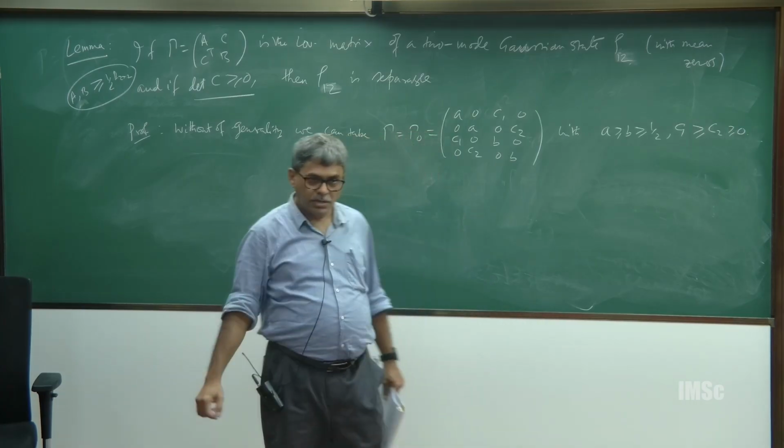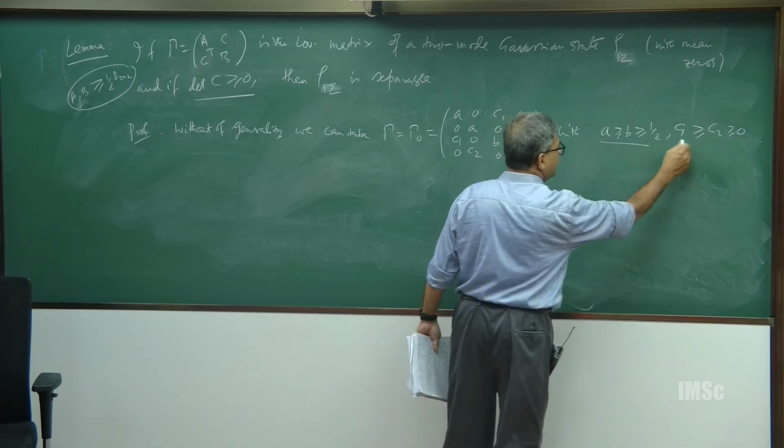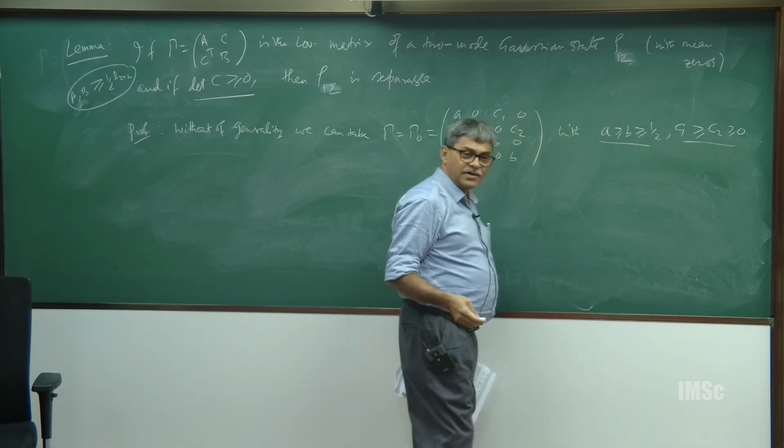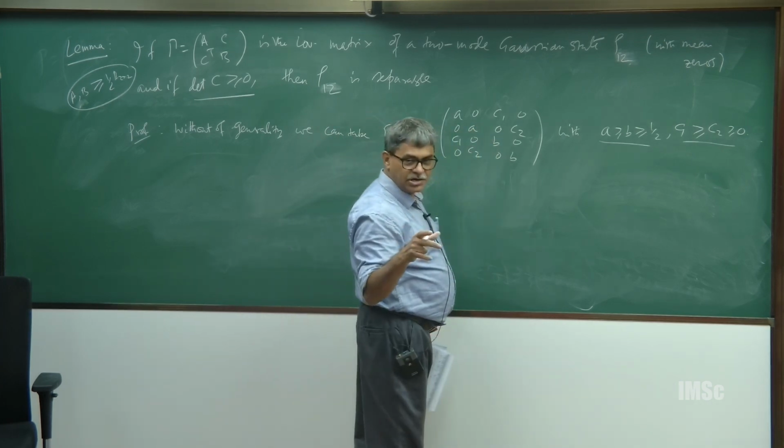In fact, this is of course true, and even if this is not the case, you can do a little bit of local symplectic transformation, a little bit of trick to make it so.